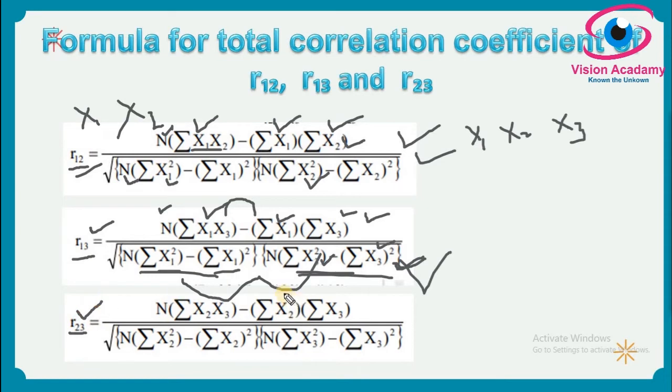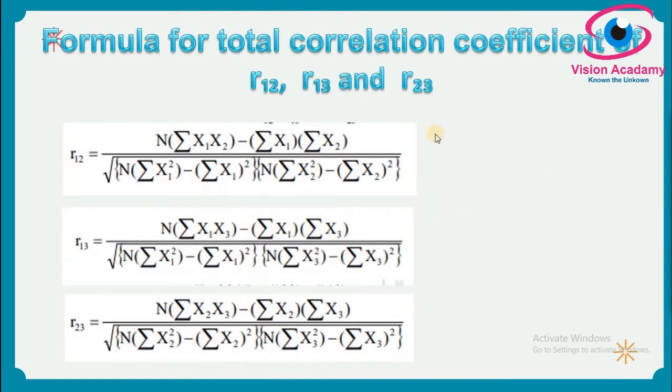Here I will use summation x2 and summation x3, and in the denominator are x2 square, x2 whole square, and x3 square, x3 whole square. So these are the formulas. Very logically we can formulate them. If you understand these formulas, we can derive them, otherwise we have to remember them. So now let us calculate the zero order correlations.